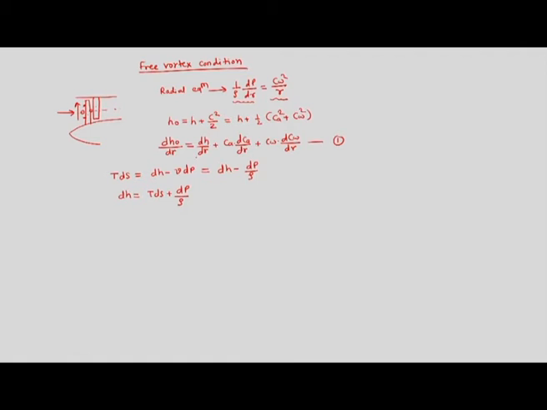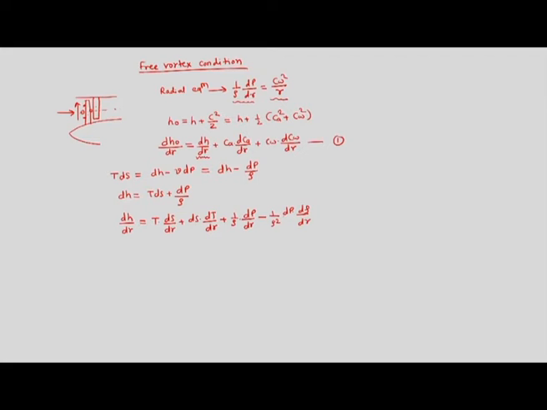Now, here we can see that there is a term dH by dr, so we can differentiate this equation to get dH by dr: T into dS by dr plus dS into dT by dr plus 1 upon rho into dP by dr minus 1 upon rho square into dP into d rho by dr.